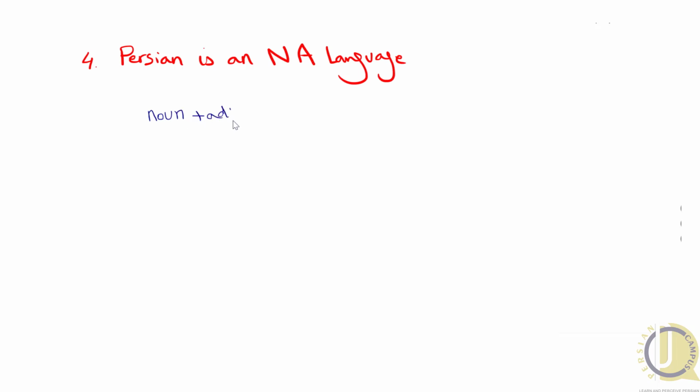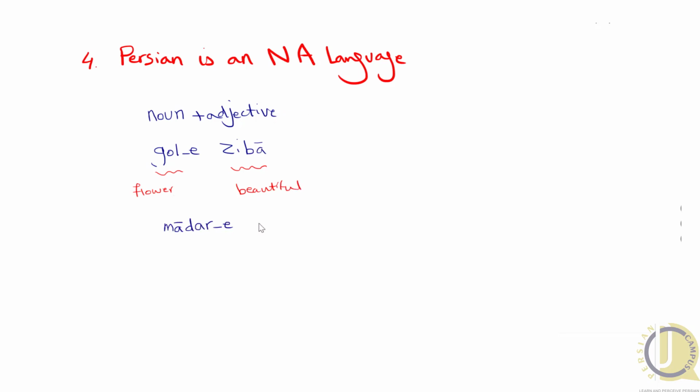Let's move on to the fourth feature. Persian is an NA language, where N stands for a noun and A stands for adjective. To modify a noun using an adjective, we place it after the noun. For example, گل زیبا. گل is flower, زیبا means beautiful.